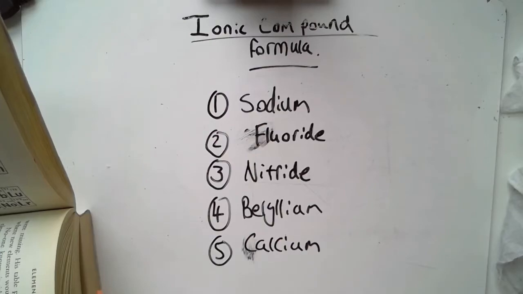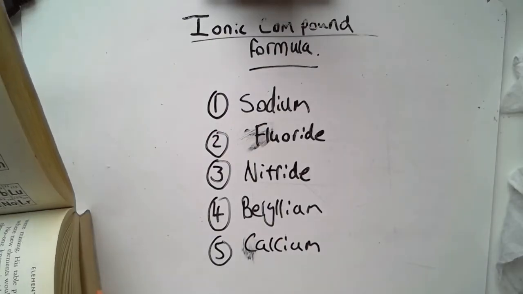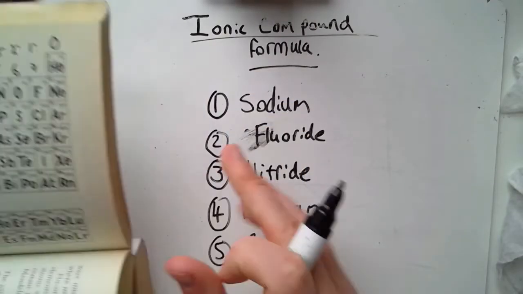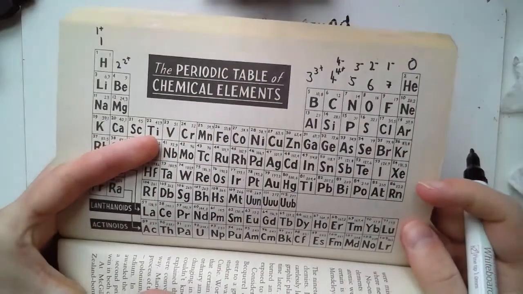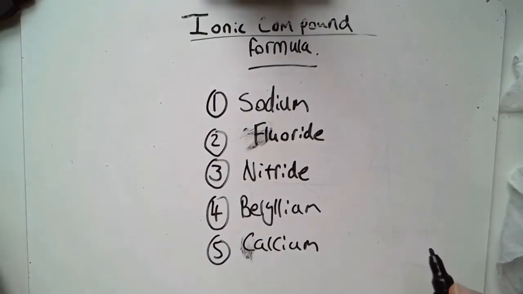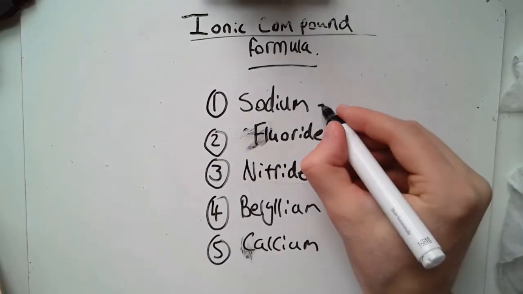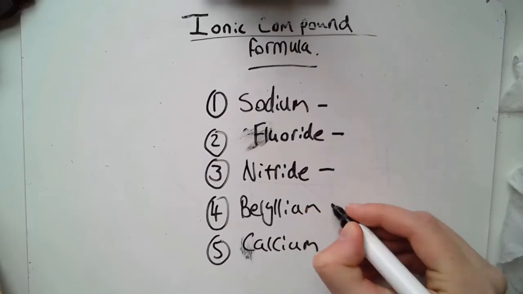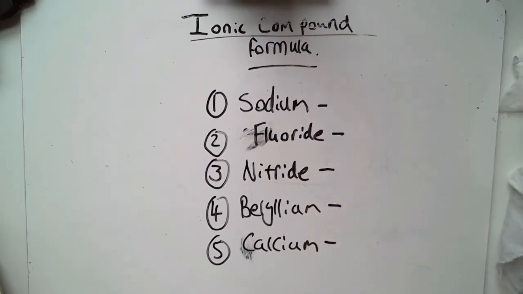And what I want you to do is go back to the periodic table that I was looking at before. So rewind the video with the video paused and this in front of you, and use the periodic table that I put up here to find the charges for each ion. Okay, when you've done that, I'm going to write the answers up just here, and you can mark your answers.